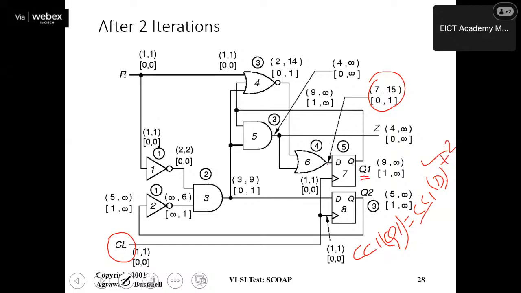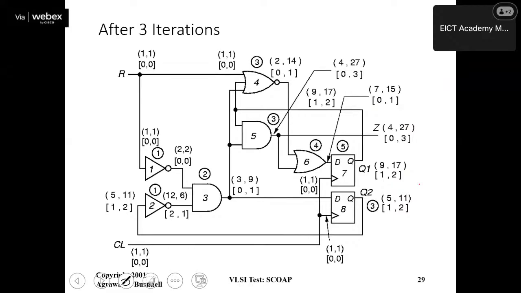CC1 of D is 15 and this is 1. So 15 plus 2, 1 plus 1 because of level change, and clock 0 plus 0. So this becomes 17 and this becomes 2.